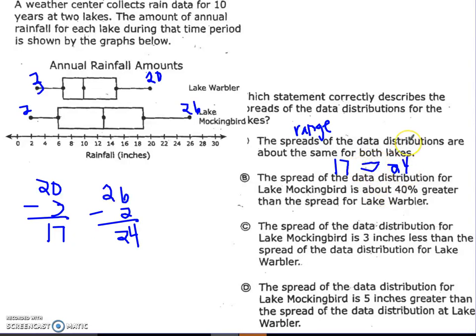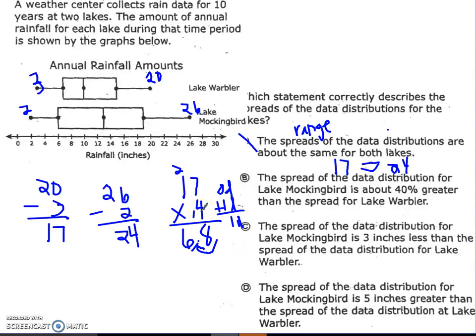So they are not about the same. The spread of the data distribution for Lake Mockingbird is about 40% greater than the spread of Lake Wobbler. Okay, so if we did 17 times 40%, 4 times 7 is 28, 4 times 1 is 4, plus 2 is 6, so 6.8.